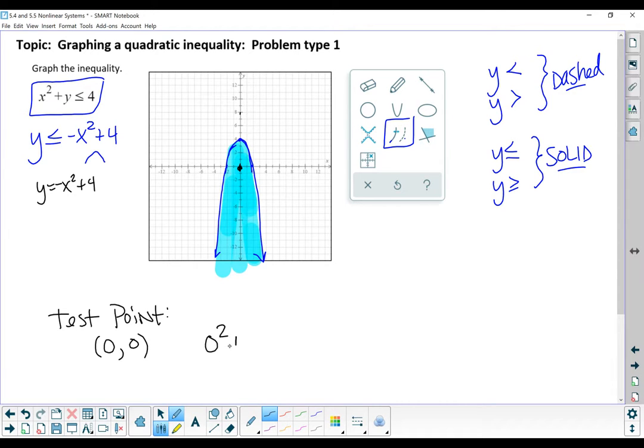So 0 squared plus 0 less than or equal to 4, and that's 0 less than or equal to 4, and that's true. So we should shade the whole region where the origin (0, 0) is. If you like just thinking about above and below for the shading, that's fine. We'll have a variation with x's, but if you prefer to do a test point, you can do that as well.